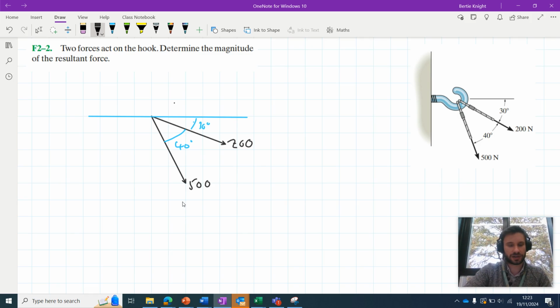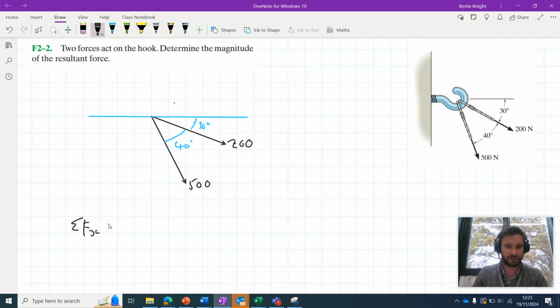So to solve this problem, I would do what is typical for problems like this, which is resolve horizontally and vertically. I've described what I mean by this in previous videos. So let's resolve horizontally for a start.